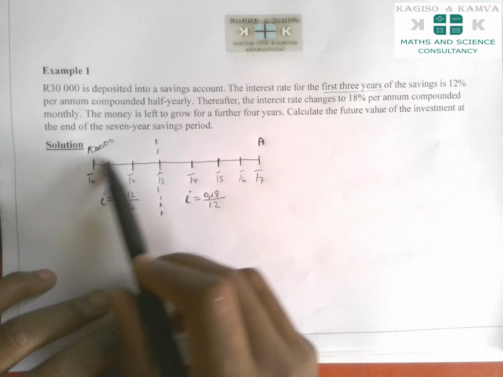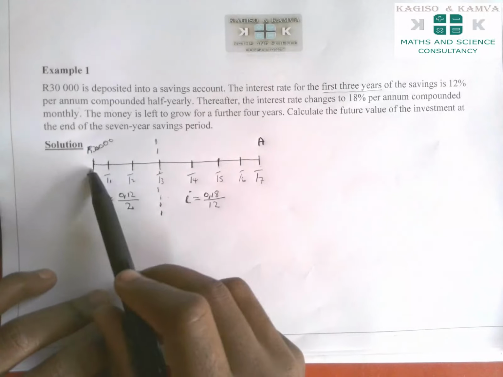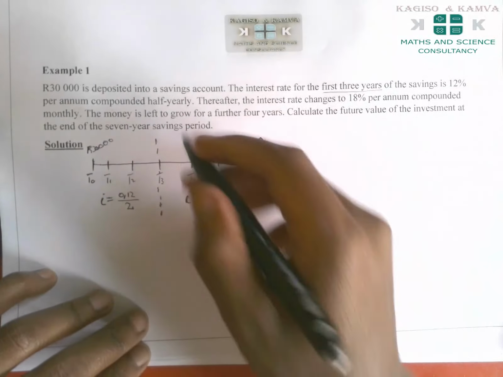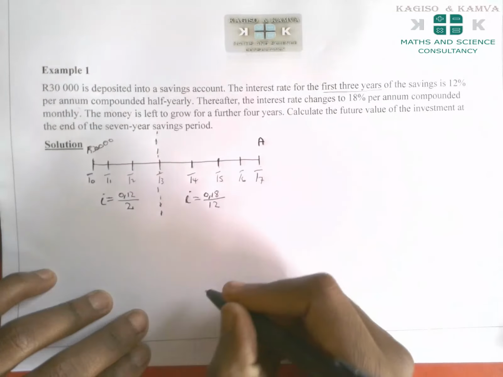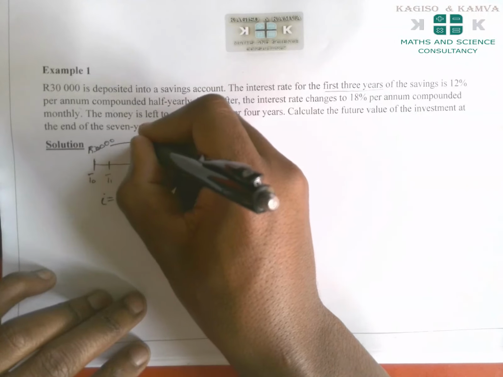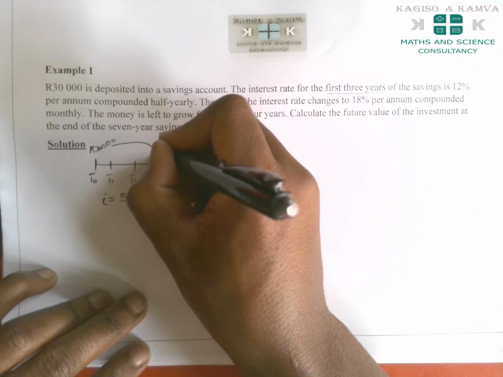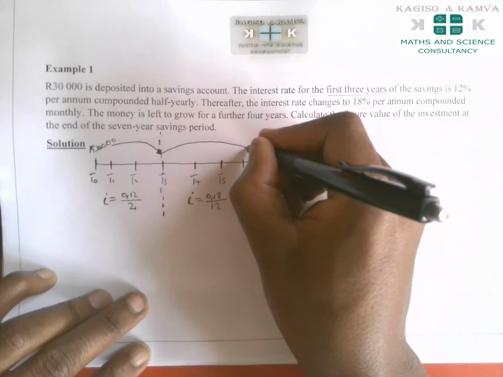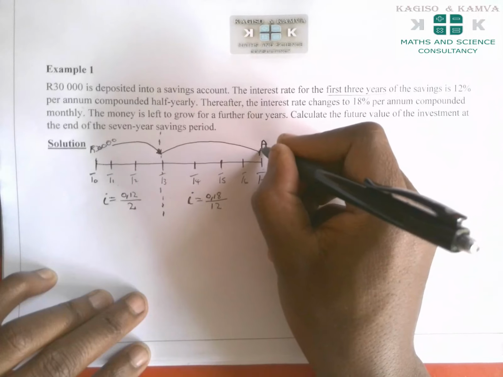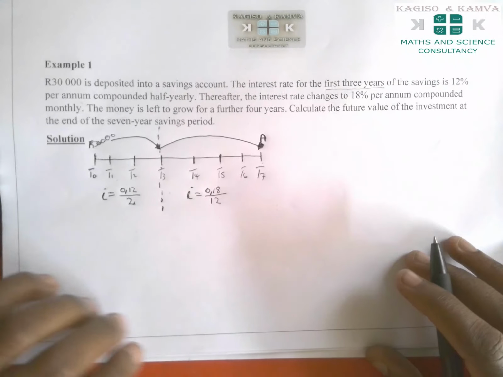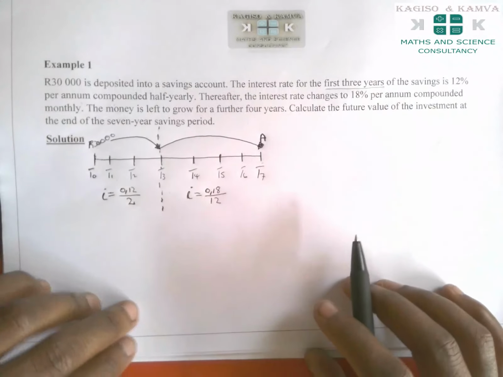So how is this money going to grow? If we've got a change in interest, our money is going to take a bounce. This money is going to move from here, it will come here, and then from here it bounces, and for the remainder of the years it goes to the seventh year. Okay, so how do we calculate this?